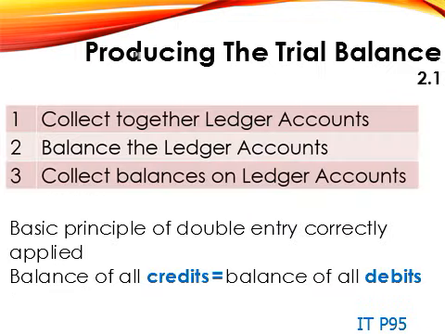The following steps are taken in order to produce the trial balance. Step 1. Collect together the ledger accounts. Step 2. Balance the ledger accounts. Step 3. Collect the balances on the ledger accounts. If the basic principle of double entry has been correctly applied, then the balance of all credits will equal the balance of all debits.